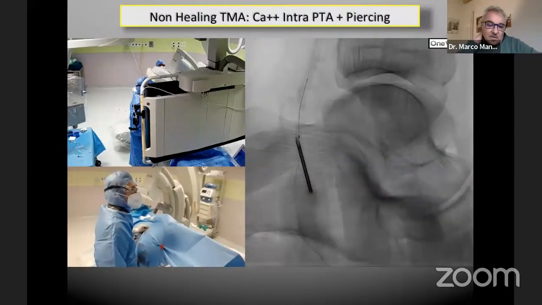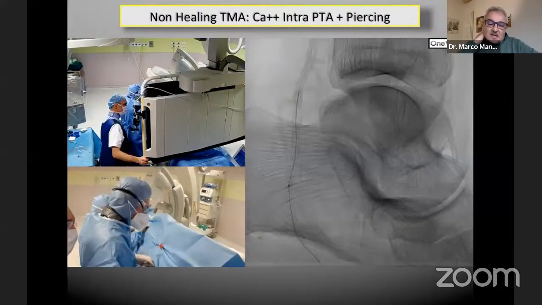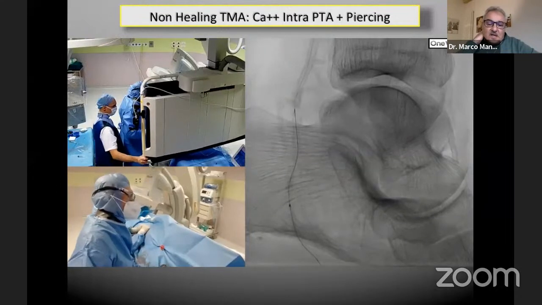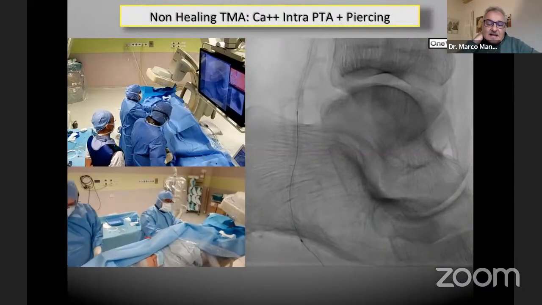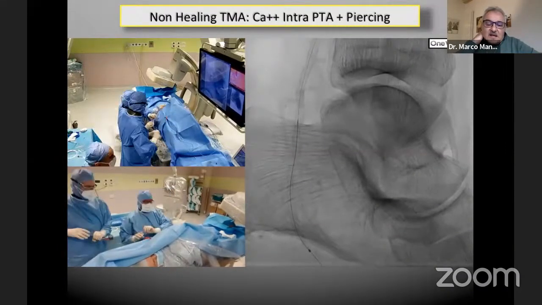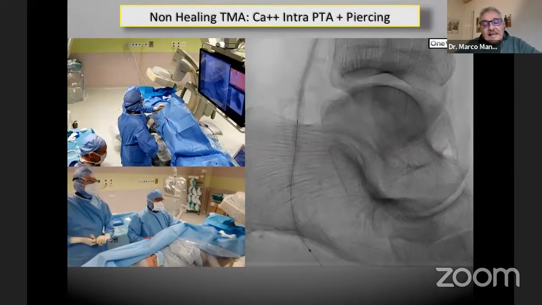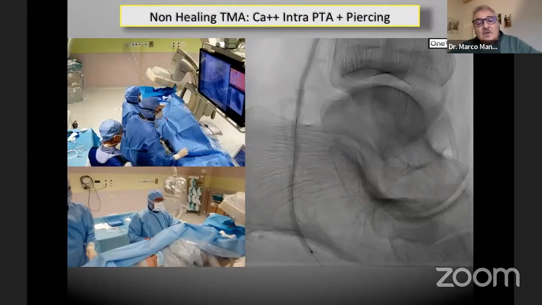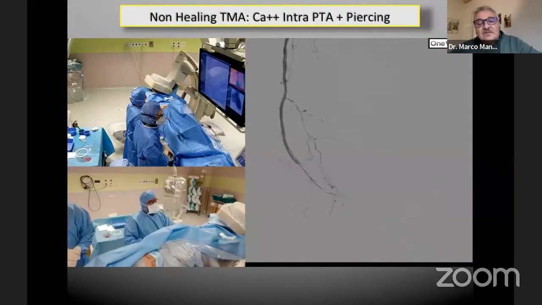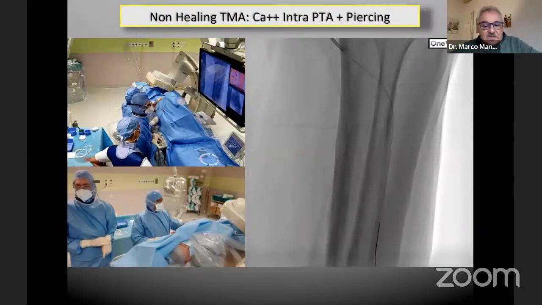Of course, you can see here the balloon could pass, could be inflated, and could successfully dilate the lesion, arriving up to the lateral plantar artery. You can see here the high pressure, non-compliant long balloon to perform the definitive dilatation of the artery. And this is the aspect of the artery after the final control.